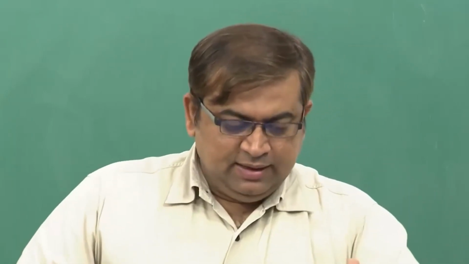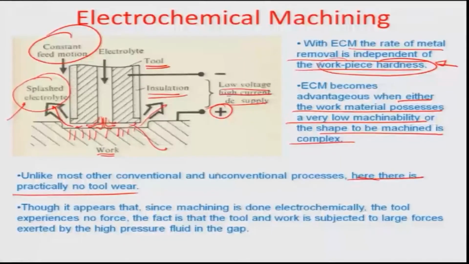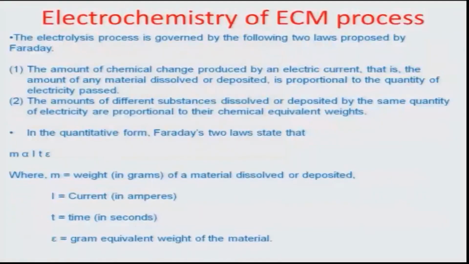So we'll probably keep this towards the later part of the lecture, when we'll talk about how pressure and stresses, ultimate yield stresses, need to be equalized for designing the velocity at which the electrolyte needs to flow between the tool and the workpiece. So this is basic theory about electrochemical machining.